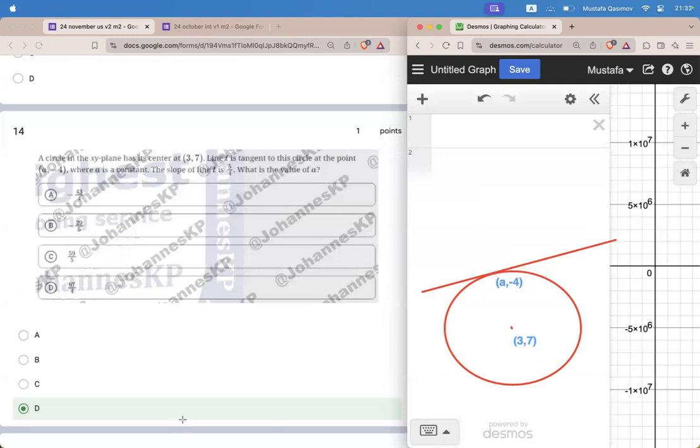Because the angle between radius and this point is equal to 90 degrees, we can say that they are perpendicular to each other. All the time, tangent line and radius are perpendicular to each other. So, slope of tangent line multiplied by slope of radius is equal to -1.